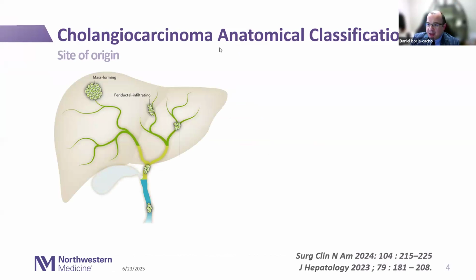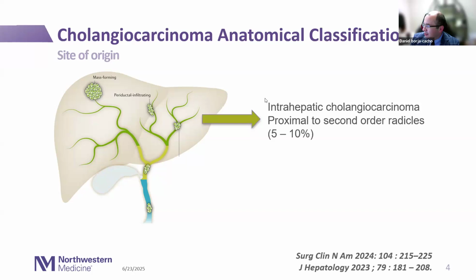Cholangiocarcinoma. One of the biggest challenges we have for the evidence is that at the beginning there was a lot of misleading with coding and with the trials. Cholangiocarcinoma can be classified in 3 based on the site of origin. Intrahepatic cholangiocarcinoma arises proximal to the secondary biliary radicals, which we see here.